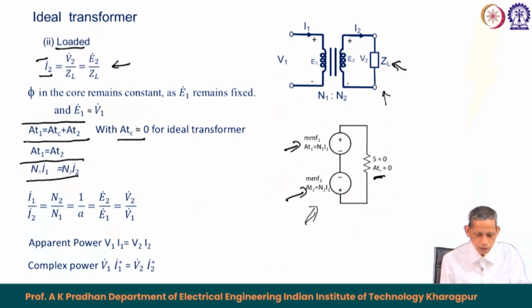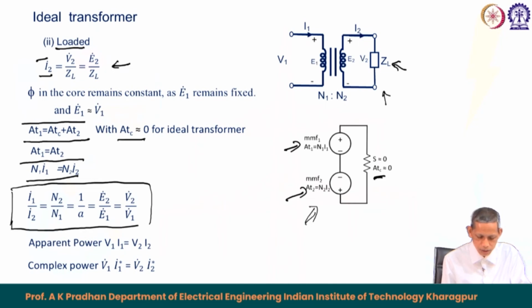But you know the turns ratio of the transformer, from that 1 by A equals E2 upon E1 equals V2 upon V1. So from the ampere turn balancing we find that I1 phasor upon I2 phasor equals 1 by A equals E2 phasor upon E1 phasor equals V2 phasor upon V1.